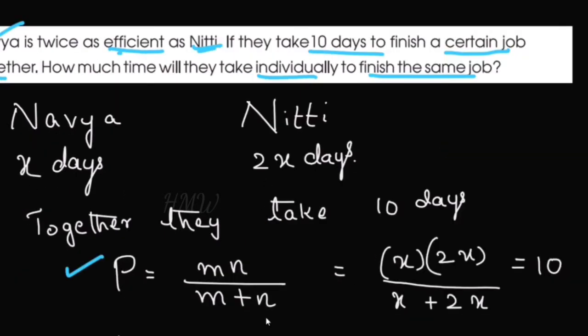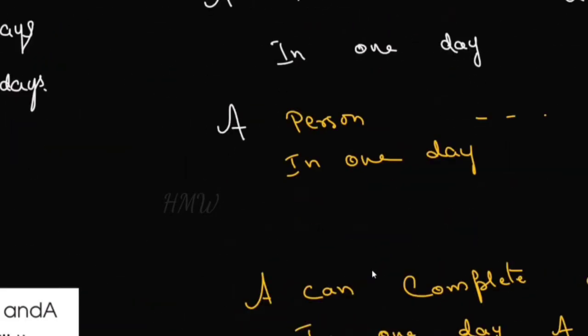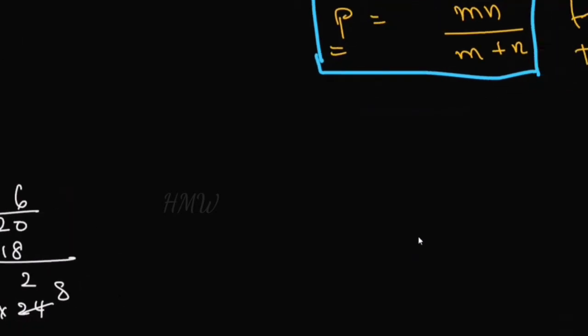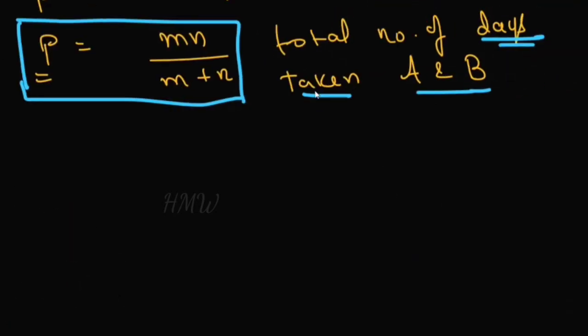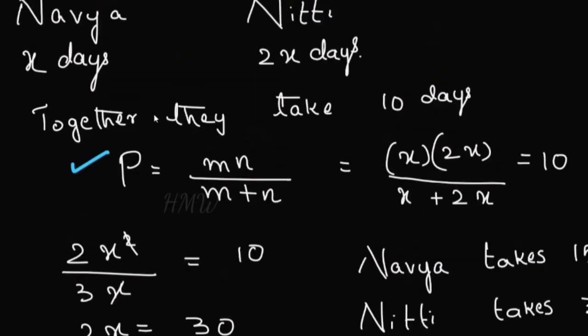A and B together can finish in 10 days. So you know the formula we just derived: the total number of days taken by A and B is given by P equals M into N by M plus N. Here together they take 10 days, so P is 10.